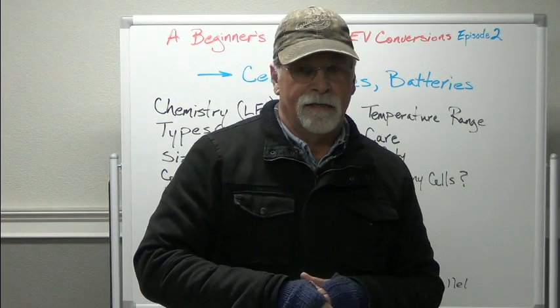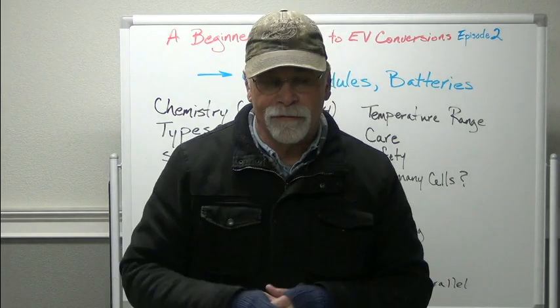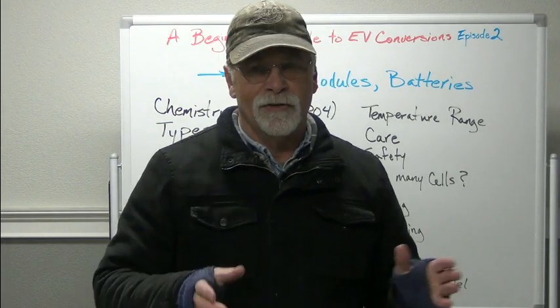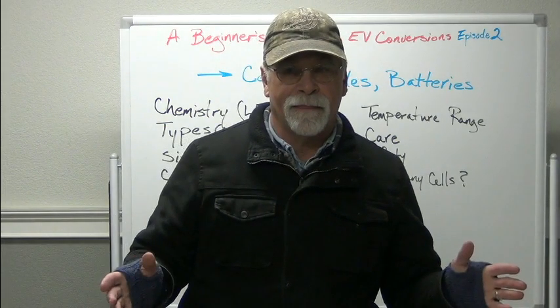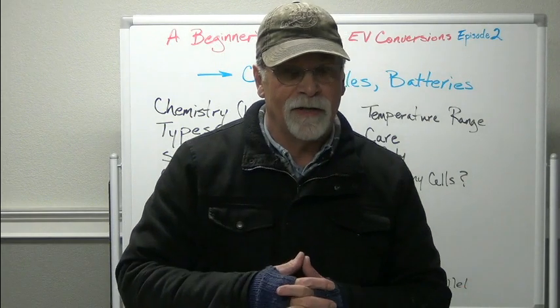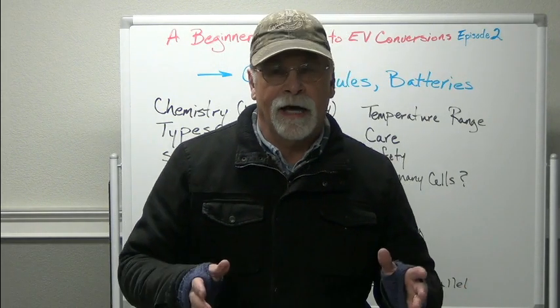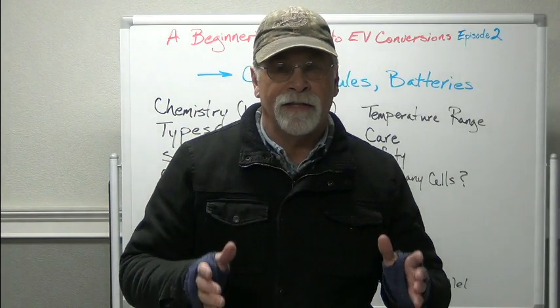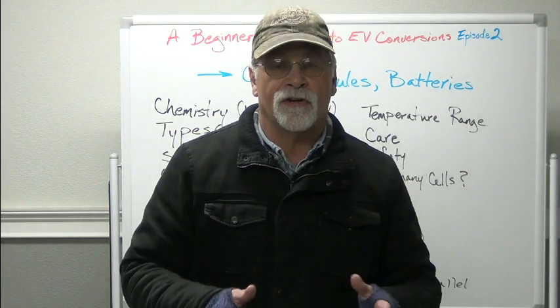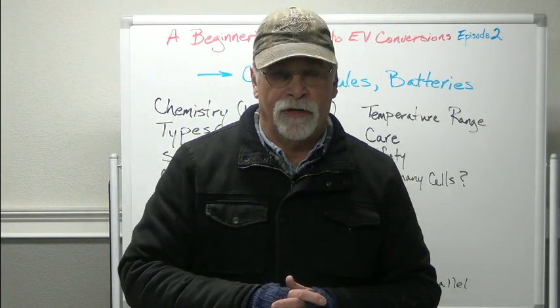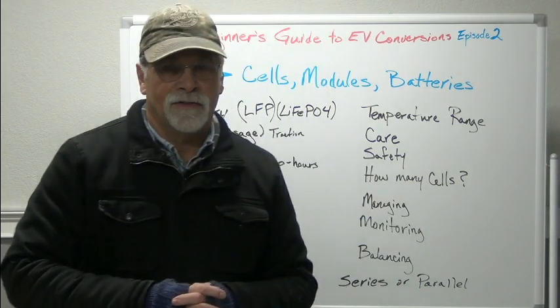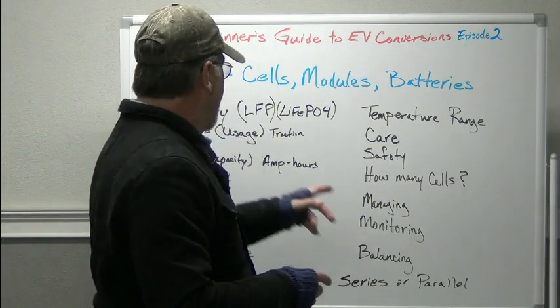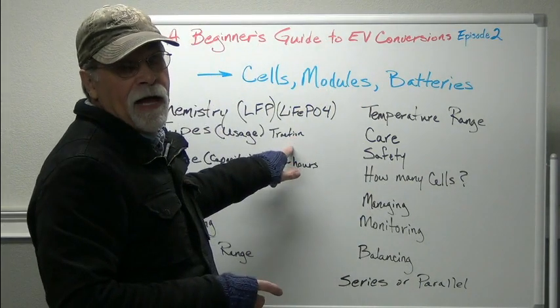So if you're doing a 144 volt system, you could use 12 volt batteries, which we all know would actually be 156 volts. They just wouldn't have the discharge rate required for an EV. What's required is that traction style battery.